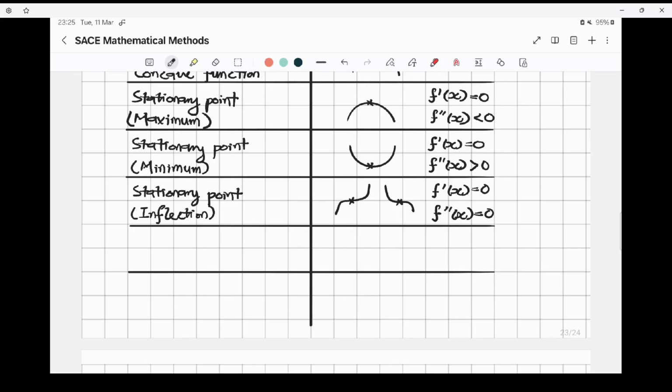The last point that you have is what we call the non-stationary point of inflection. When it is non-stationary, it means that your f prime is not equal to 0, but your f double prime is equal to 0.